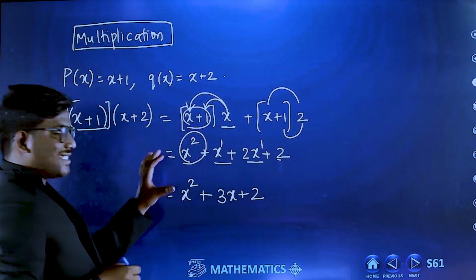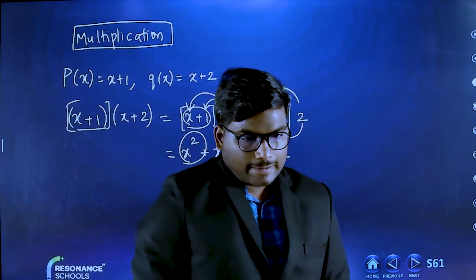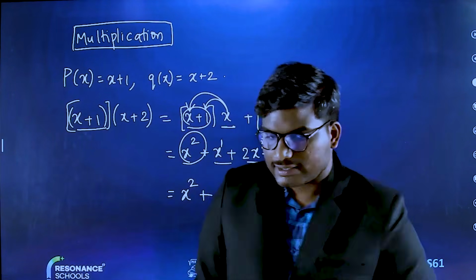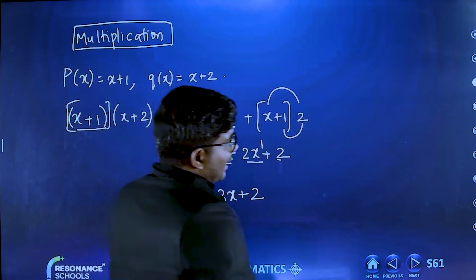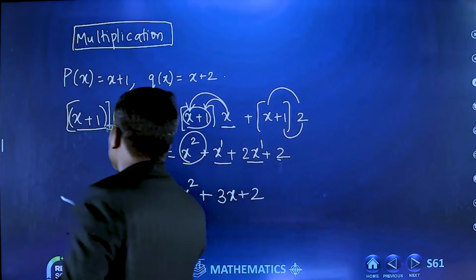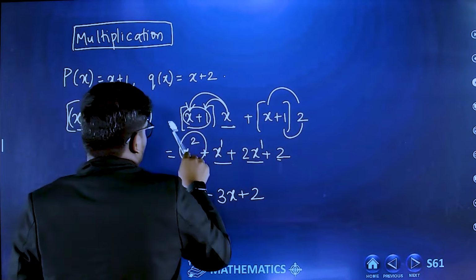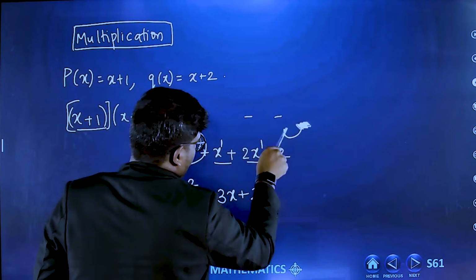So this is how we multiply polynomials. Alright, okay, we'll do this again. We'll let the example stay as it is. We'll try to solve it in another method.